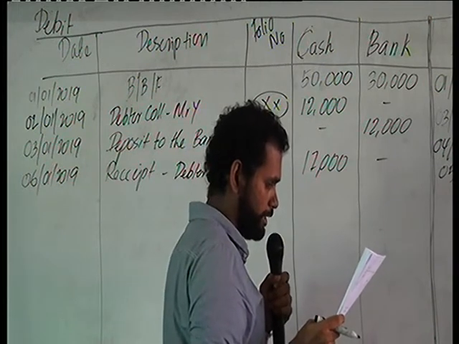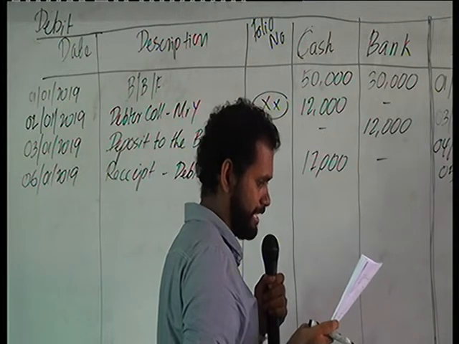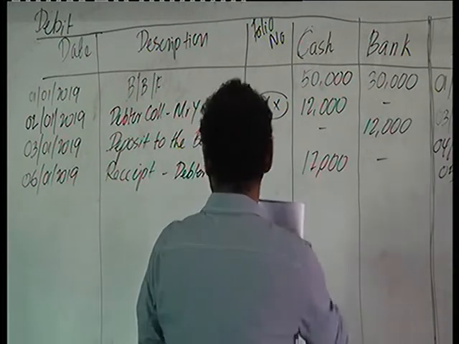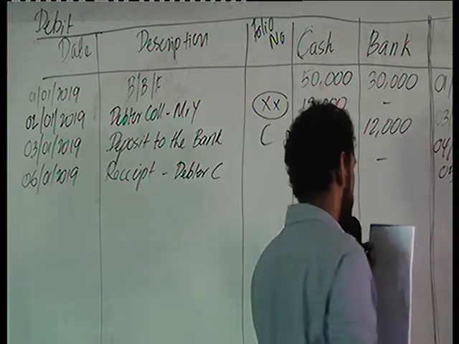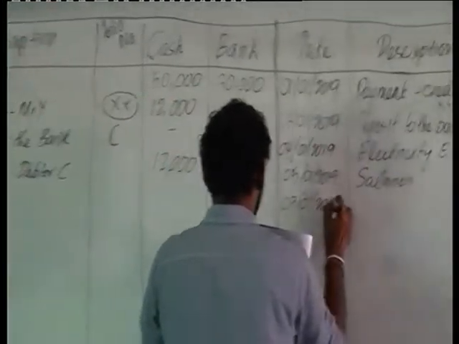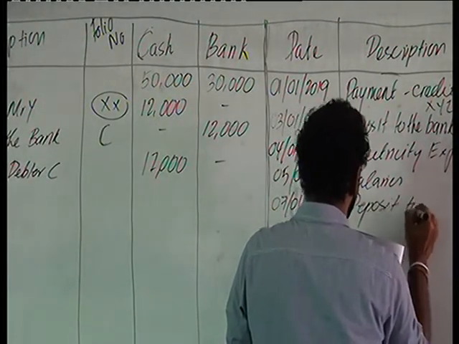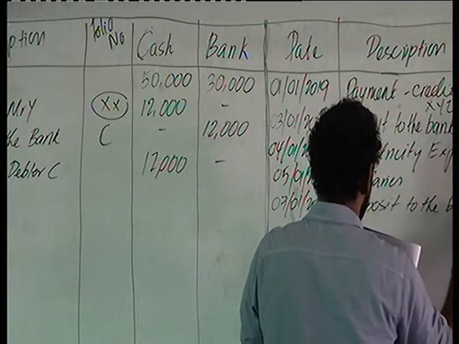On 7th, purchase goods for 5,000 from ABC PLC by paying through check. So before that, on 6th we have received the check. On 7th, we are supposed to deposit it in the bank. So deposit to the bank.